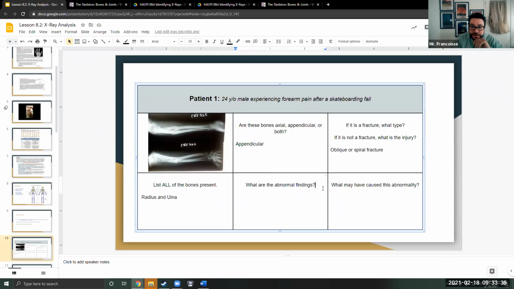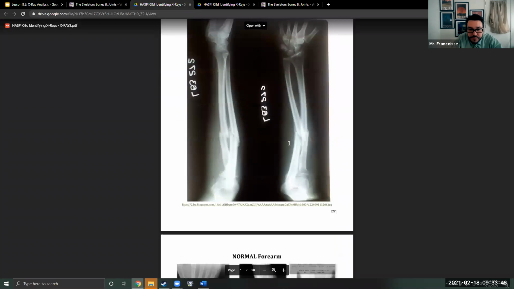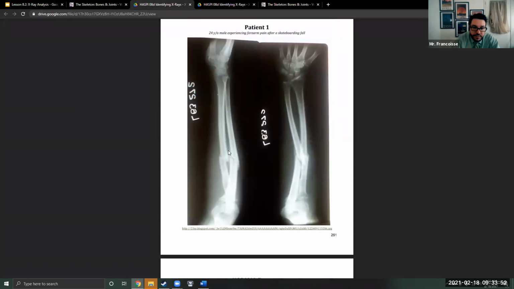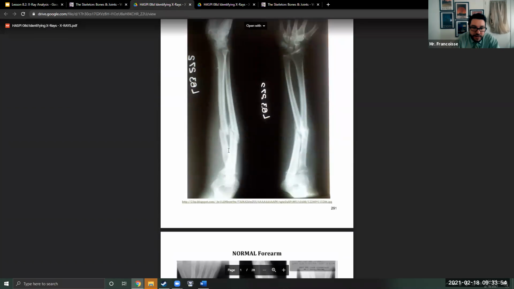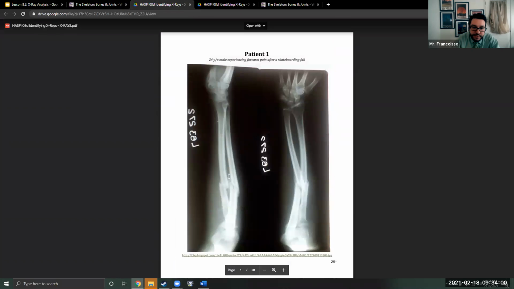So why are these findings abnormal, or what may have caused these abnormalities? Let's go back to our picture. What's abnormal about this? Obviously it's broken, right? But look at the position of it.